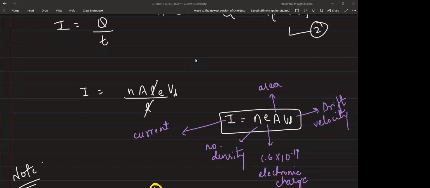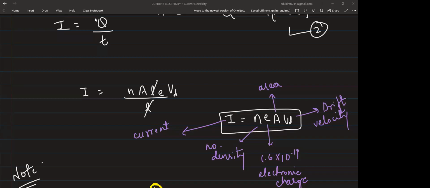Look, I is equal to Q by T. Charge is in the numerator, so when this is in the numerator, it means it is directly proportional. So when charge increases, your current will also increase.